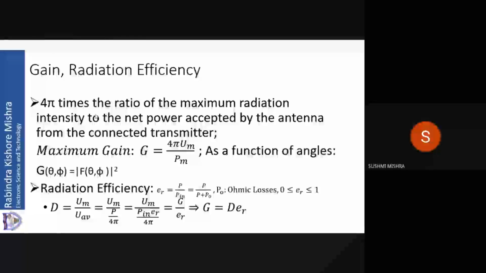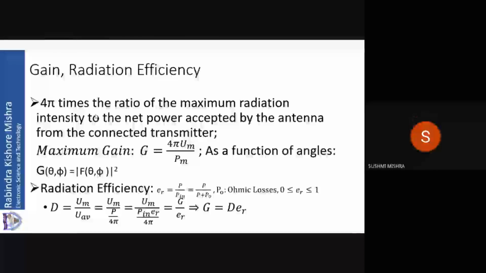Then once we know ER, we went back to directivity. Directivity we defined as UM by U average, that we remember. So from that we found UM by P in by 4 pi into ER. So from that we found D is equal to G by ER, which gives G is equal to D into ER.